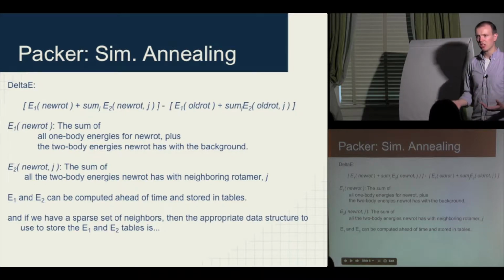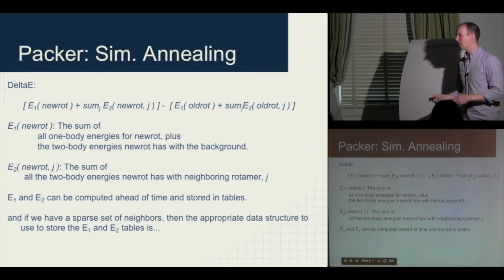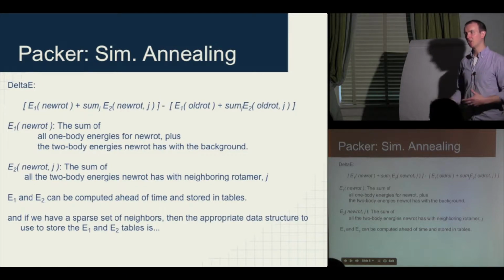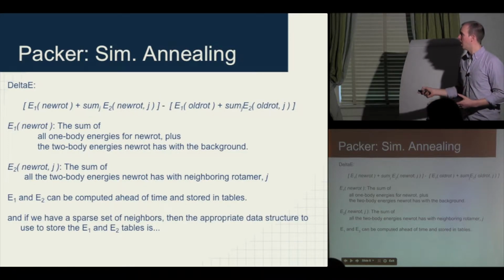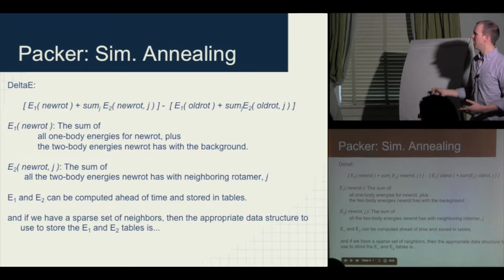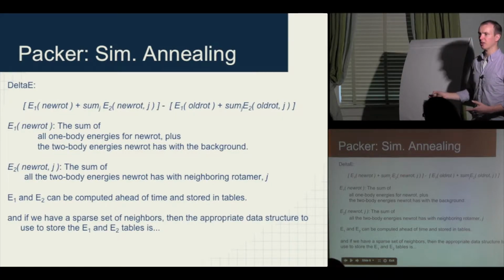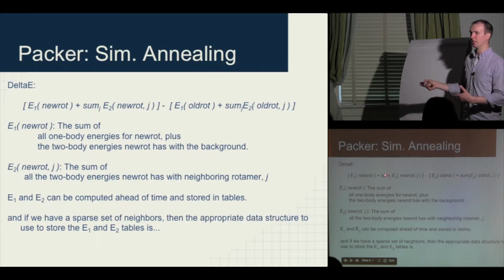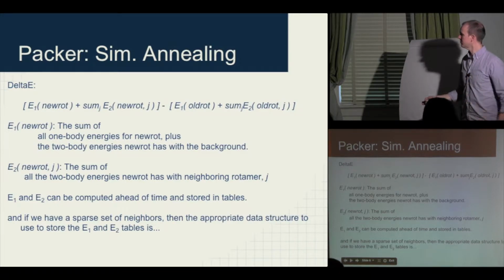The first optimization that people considered in the packer was to take these energies E1 and E2 and compute them ahead of time and store them in big tables. This would be a one-dimensional table, and this is a two-dimensional table. This would have one entry for each rotamer, and this would have one entry for every rotamer pair between the position that's being substituted and the neighboring position.